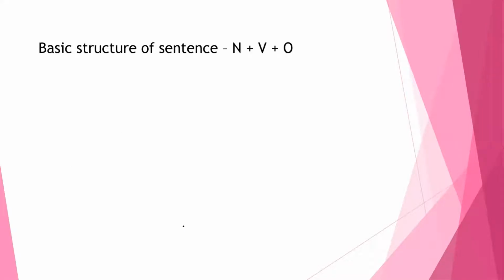The basic structure of a sentence is noun plus verb plus object. There can be a sentence without an object. This is an intransitive sentence. These come in the category of verb.